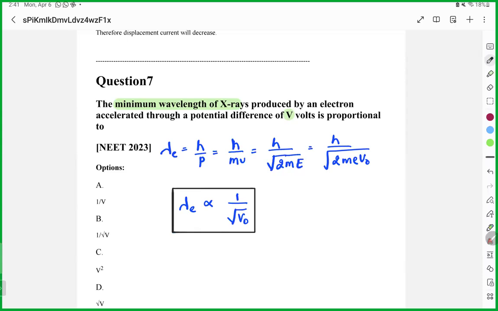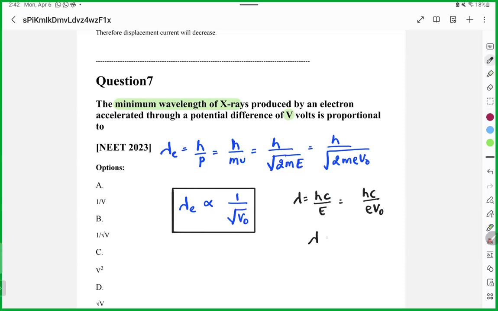For the electron, this is how you calculate. For X-ray, you calculate wavelength equal to hc upon energy. Correct? So what is the energy? Energy is equal to eV naught.